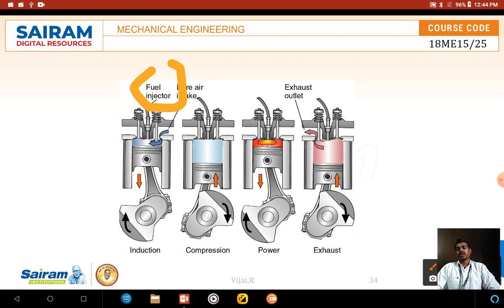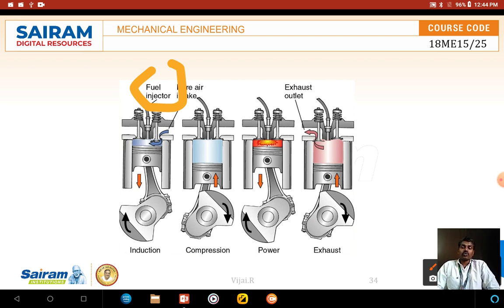First of all, during the first stroke, which is called the suction stroke, the suction takes place when the crankshaft rotates through a half rotation. At that time the inlet valve opens, and due to the inlet valve opening, the charge, that is the fuel charge, gets inside.